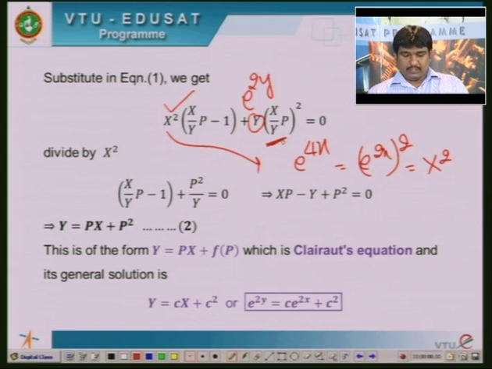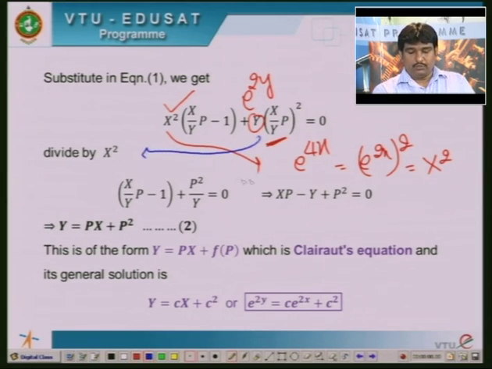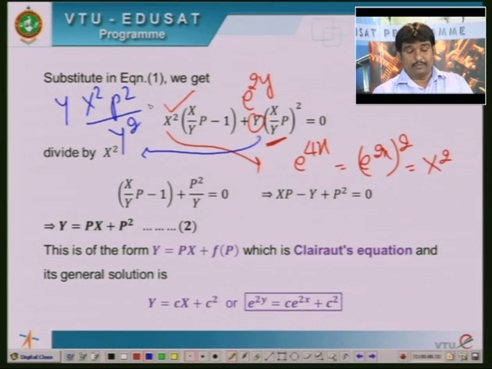Now simplify this. Divide throughout by x square. When you simplify this, you get capital Y into capital X square, capital P square divided by Y square. And you have x square here also.